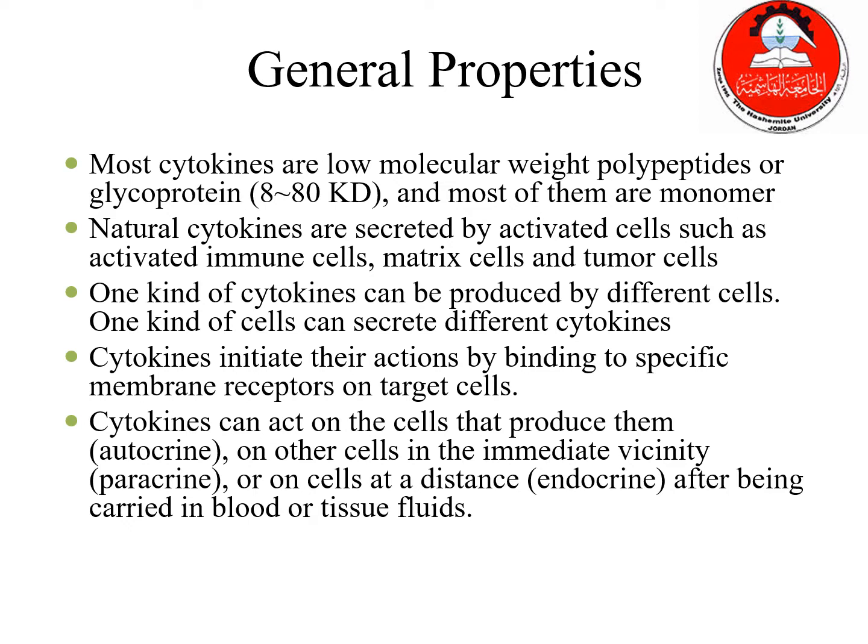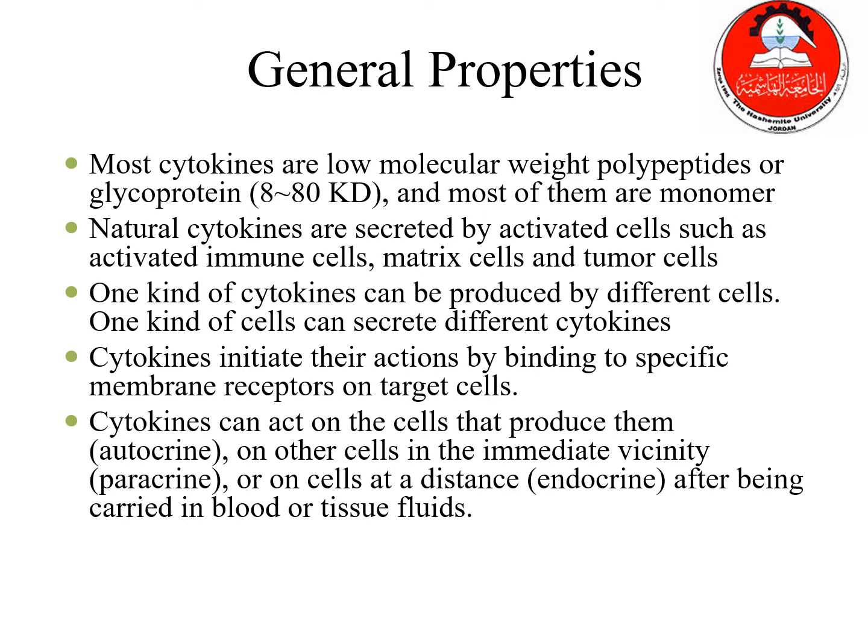Cytokines initiate their action by binding to specific membrane receptor on target cells. So they are released from certain cell, and then they initiate their action by binding to their receptor on the target cell. Cytokines can act on the cells that produce them, and that's what we called previously autocrine. So it's released from this cell, and then it binds to its equivalent receptor on the same cell that it was released from to have the activation effect, and this is called autocrine.